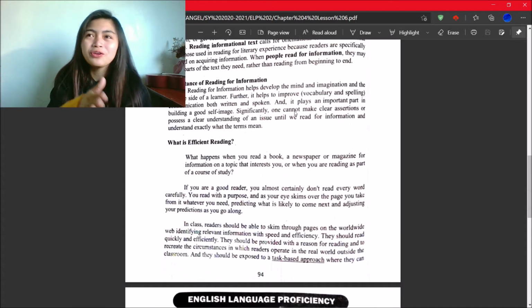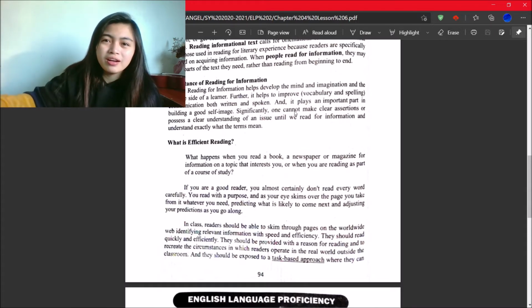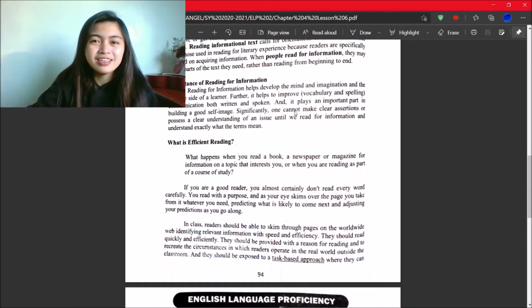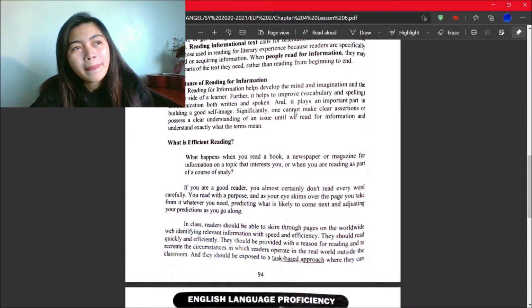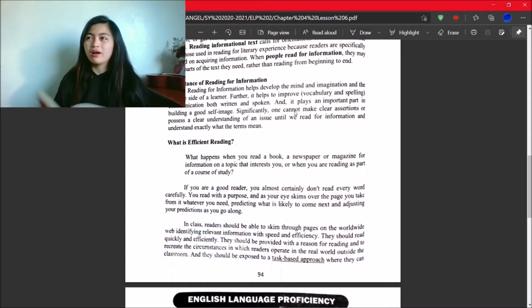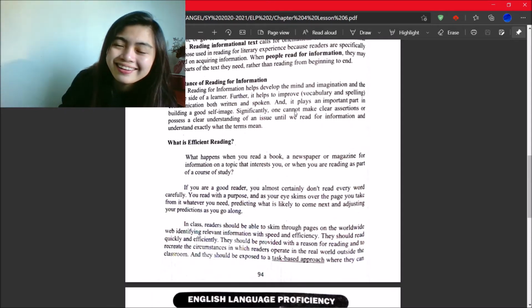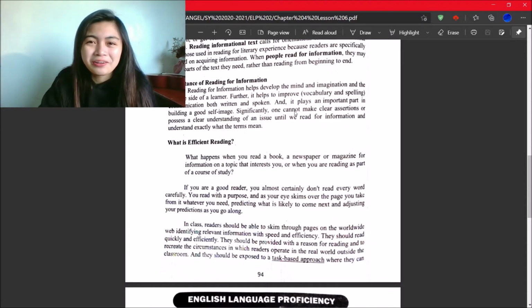Kasi ngayon, you can read whenever and however you can. Kasi noon kami, during our times, you need to have really a book or you need to go to the library to read and that is excruciating on our part kasi hindi naman lahat may drive na pumunta sa library.